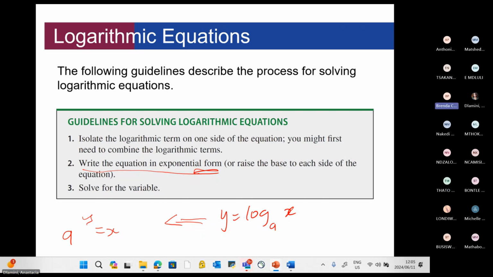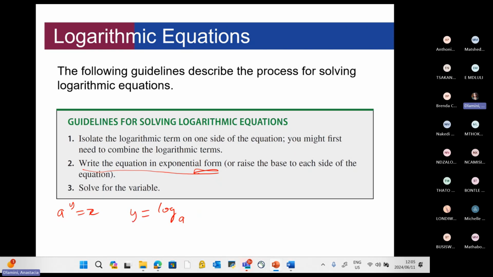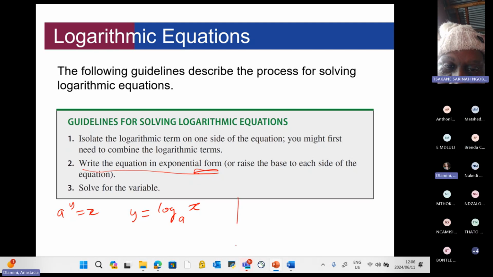That's right. Okay, let me remind you why. She says it will be a to the power of y is equal to x. The exponential form of the logarithmic function, like this. Isn't it? Guys? Yes, ma'am. Now let's highlight the relationship so that it makes sense to you. Remember we said the exponential function y is equal to a to the power of x, right? We said the inverse of the exponential function is what?